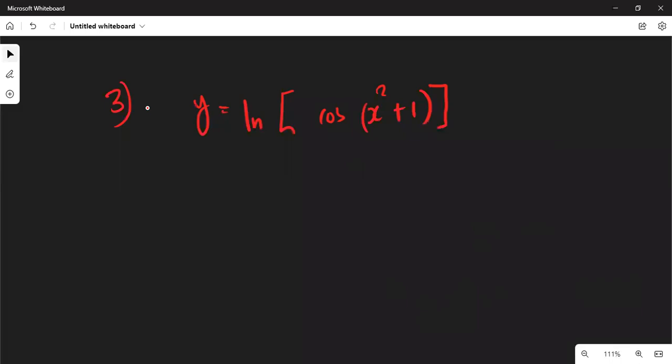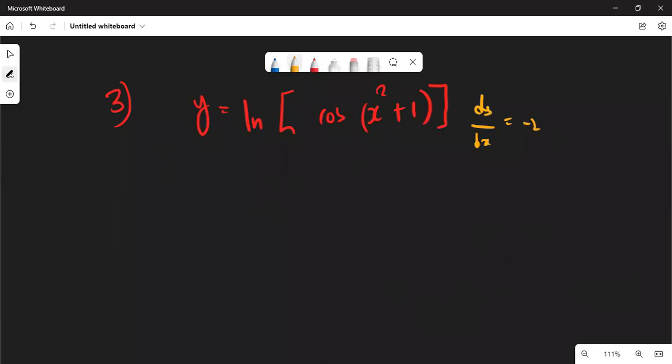So how can we solve for y in this case, or how can we find dy dx? Because we're asked to show, let me write down the part we're asked to show. We want to show that dy dx must be equal to negative 2x tan of x squared plus 1.